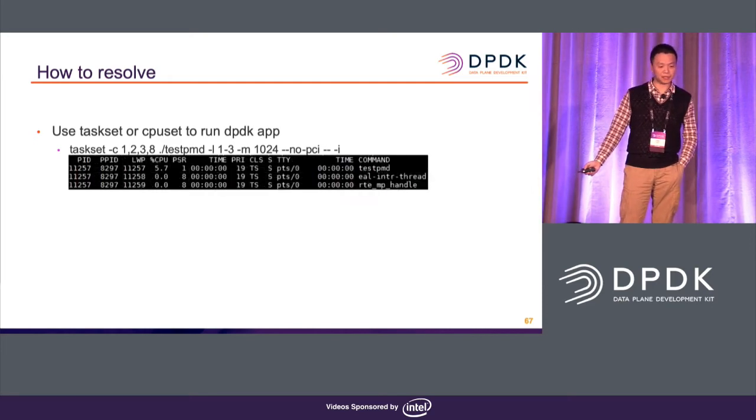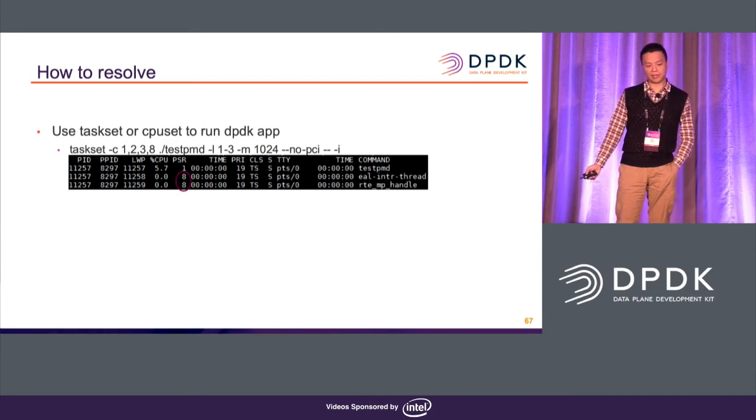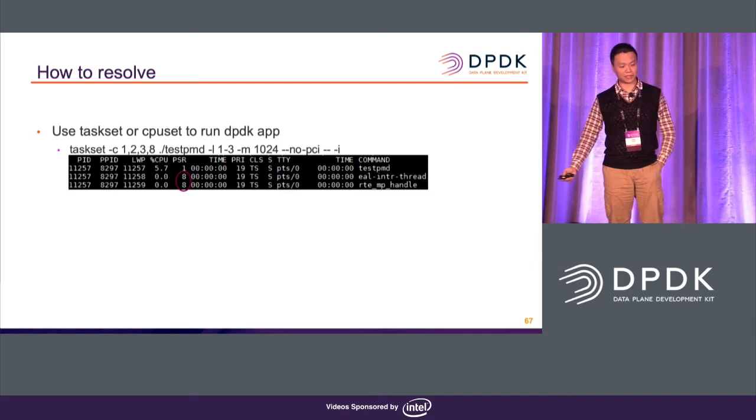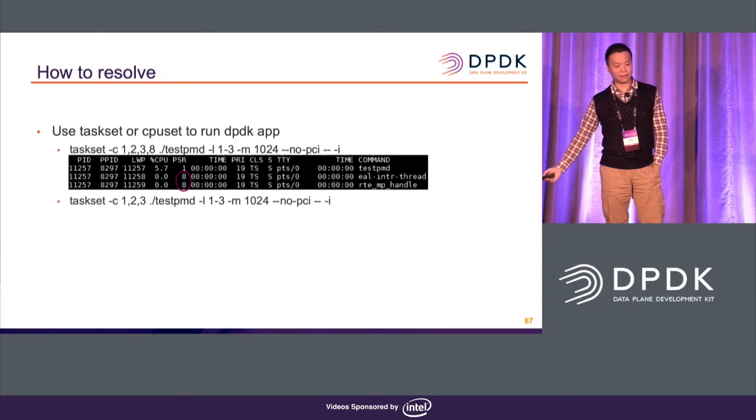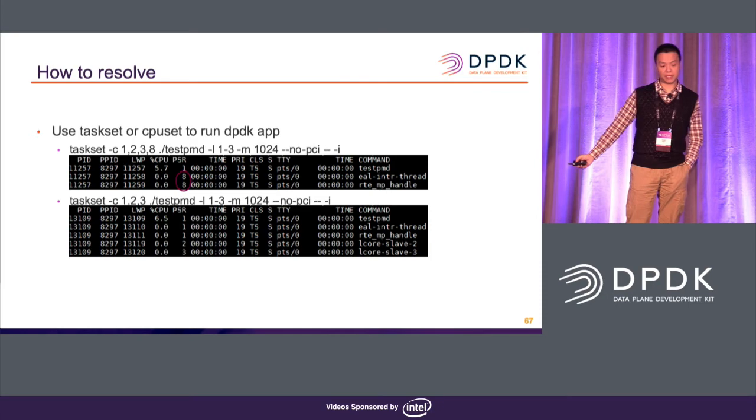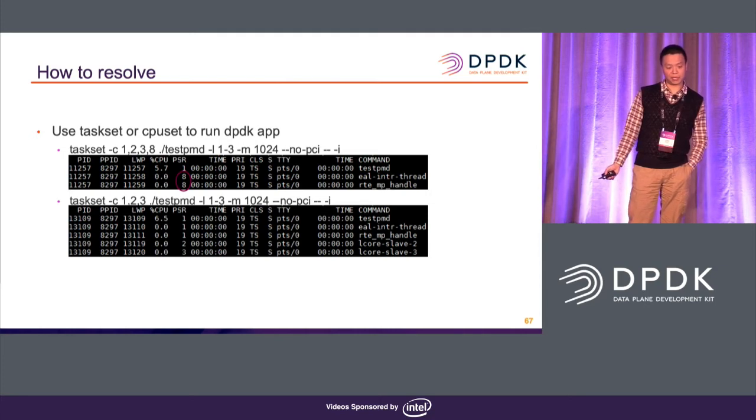And we will find that these two threads use the same LCPU as the taskset used, but TestPMD does not. And the next one is taskset and TestPMD use the same threads from 1 to 3. And these two threads will use LCPU 1.